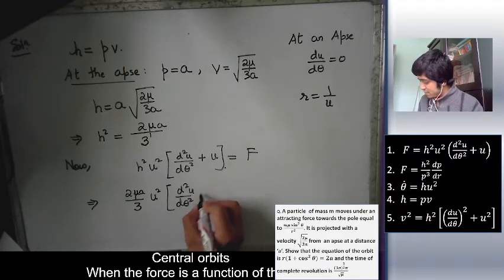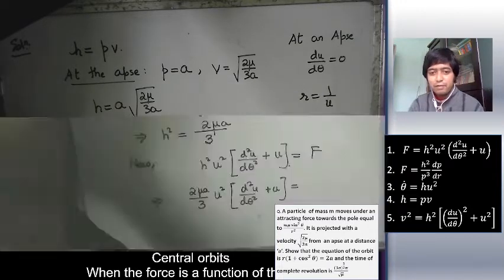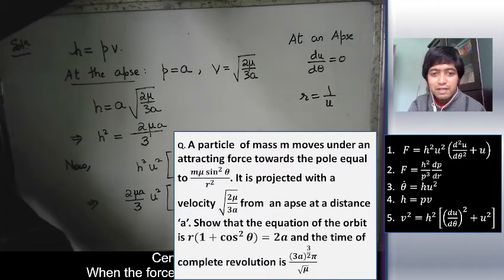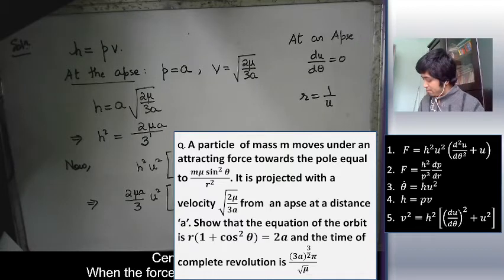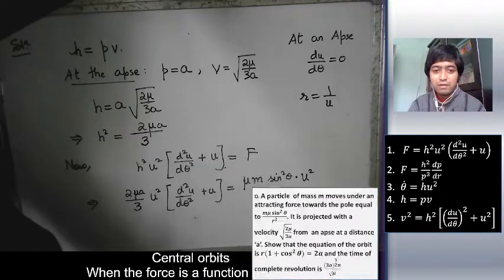First let us put in the value for f. If you notice the question, it will be equal to mu m sine square theta by r square. But r square you can bring upwards, it becomes u square, since r equals 1 upon u.